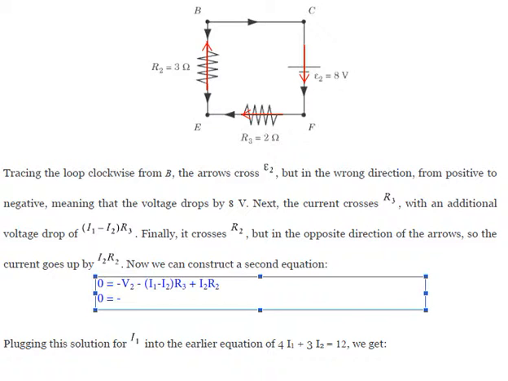So negative 8 volts minus, alright, R3 is 2, so 2 times I1, and then 2 times negative I2, so we'll have plus 2 I2, plus, our value for R2 is 3, so 3I2.